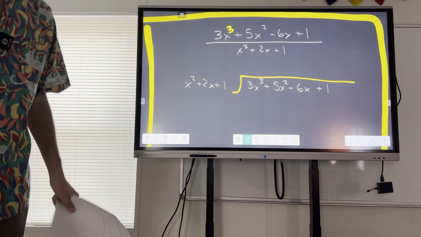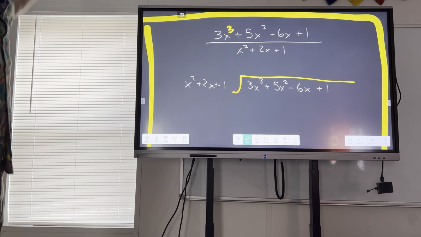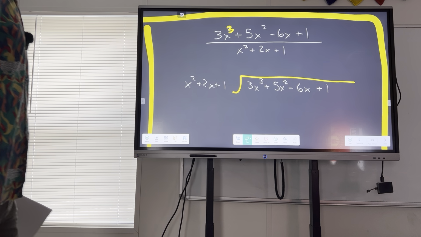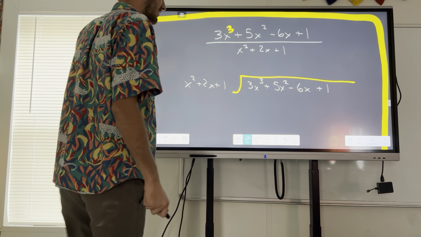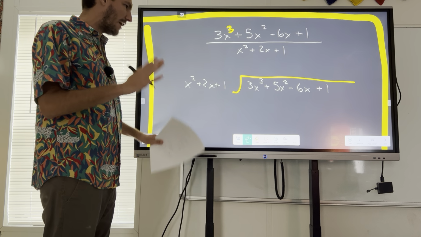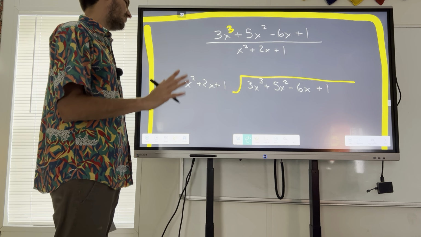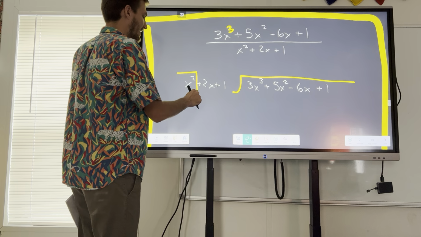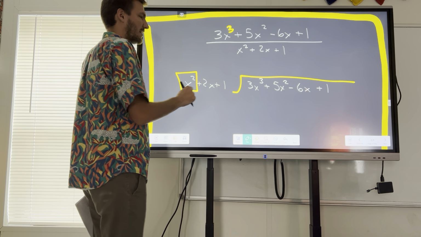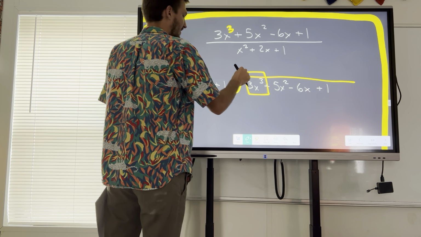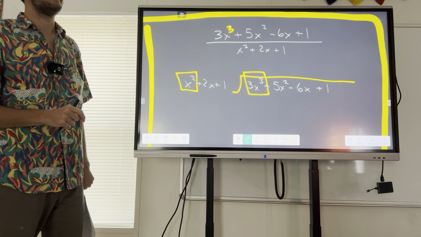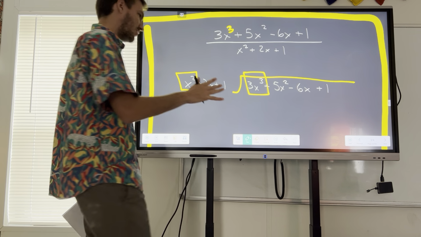Now, here we go. If you needed to do some jumping jacks or some warm-ups, how you do this division of polynomials is you want to turn this first term into this first term. Focus on those first terms.